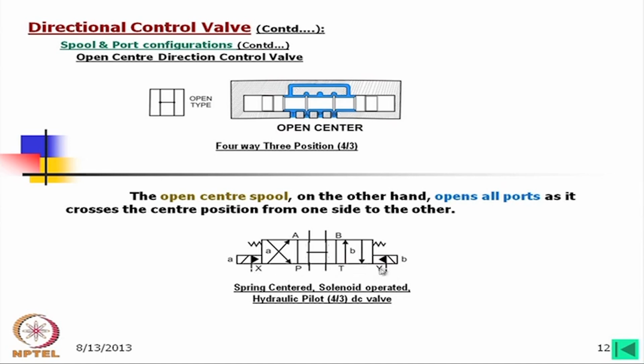This means that these valves have two features: either we can operate by solenoids or we can operate hydraulically, and that hydraulic can be pilot operated, meaning from the circuit it can sense some pressure and it will be operated.